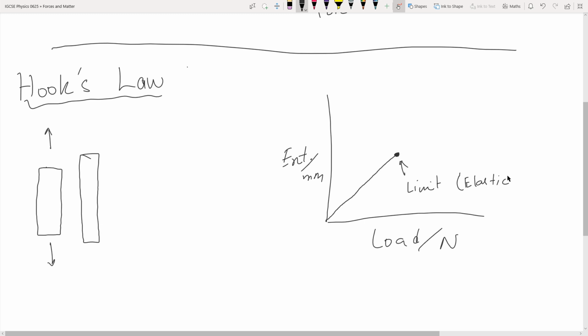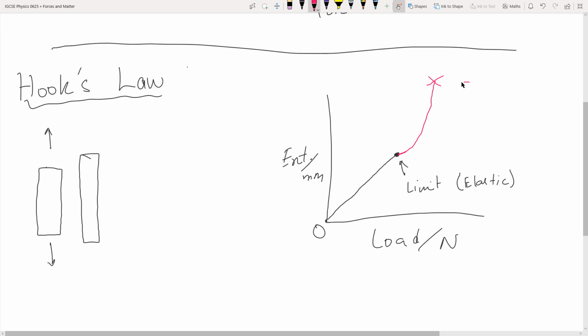And what is an elastic limit? It's the limit to which this object can extend, and once we remove the force, it will get back to its original condition, right? And if we exceed the load more than this, then we will see that under less force there is a lot of extension, and a point will come that the object will fracture or break.